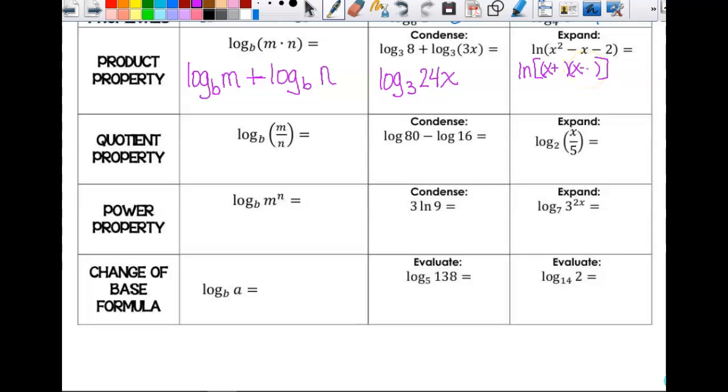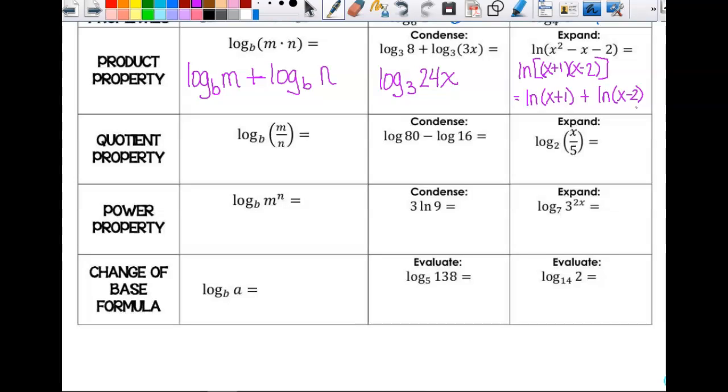So what are my numbers? One and -2, positive 1 and -2, right? So now I have the natural log of two things that are being multiplied, and I can say that's equal to the natural log of x plus 1 plus the natural log of x minus 2. Okay.